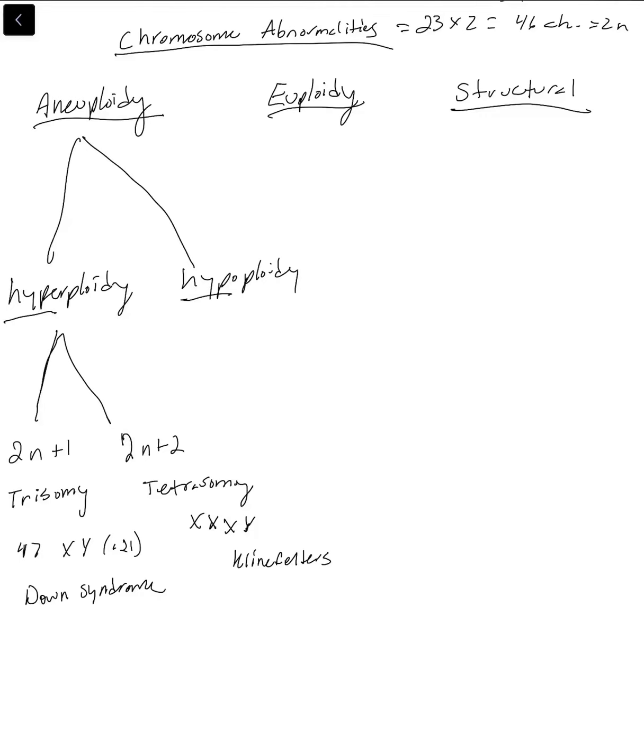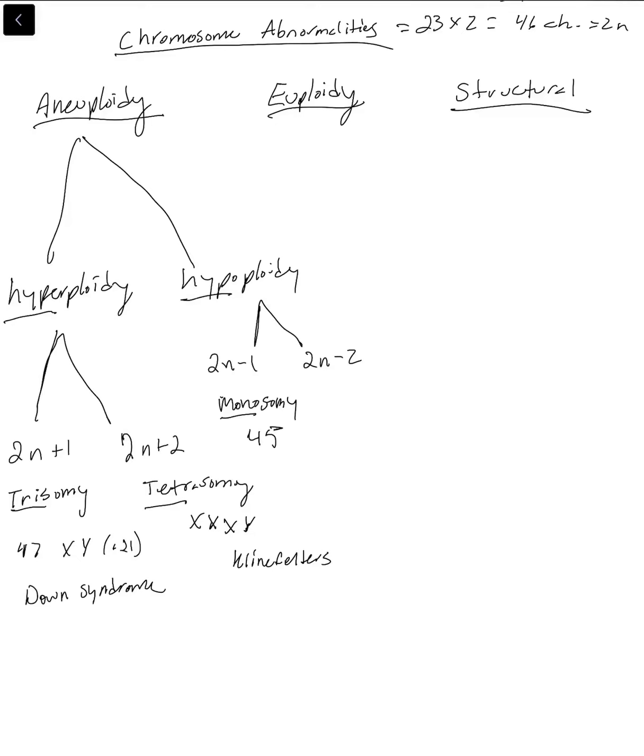So hypoploidy, hypo means lower, so we're going to have our 2n minus 1 and our 2n minus 2. Our 2n minus 1 will be our monosomy, mono for 1: monosomy, trisomy, tetrasomy. So monosomy will be 45, and it mostly leads to premature death, or death out of the womb.